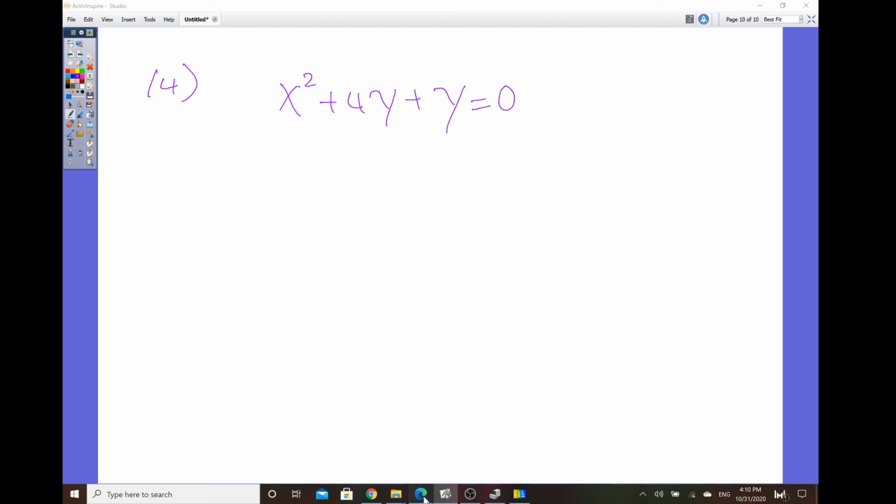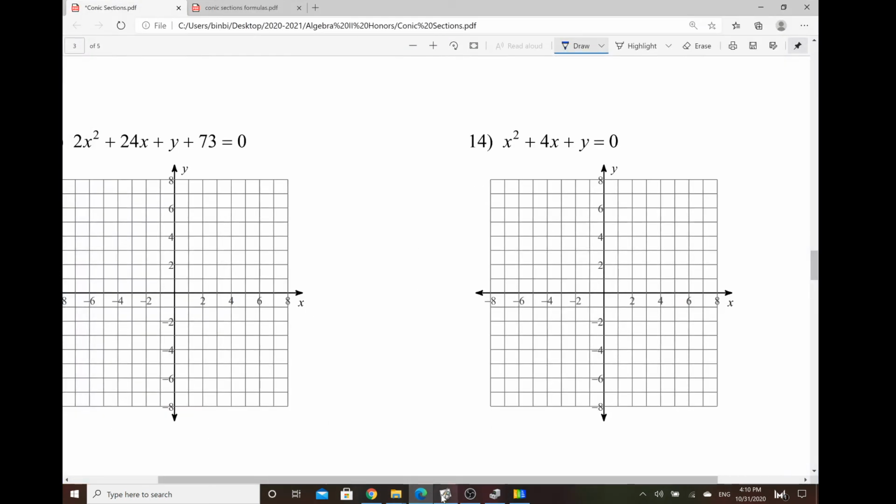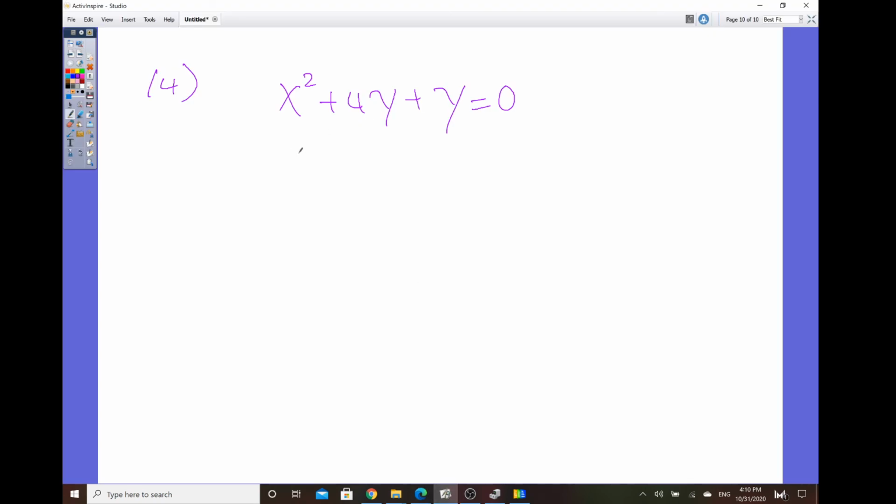Making sure that we copy the right thing here. Okay, so regroup. Well, this one is 4x, not 4y, excuse me. And for the y, we just want to take that to the right hand side.